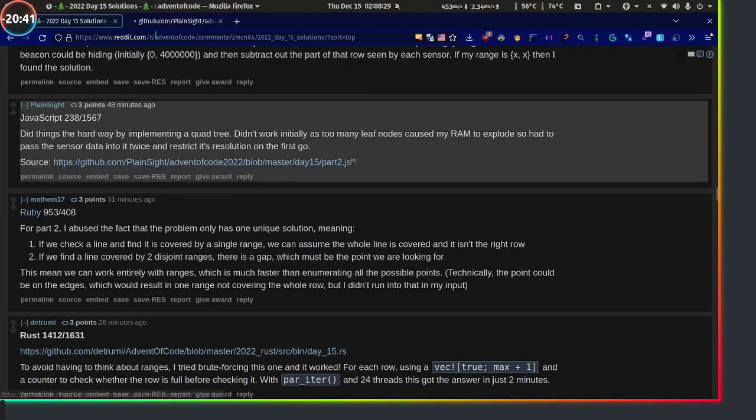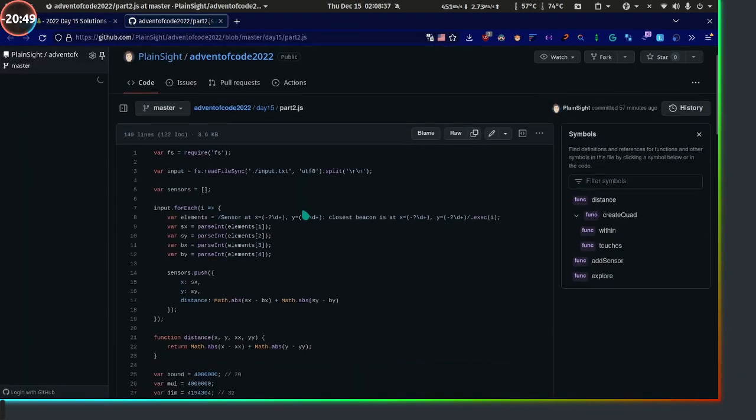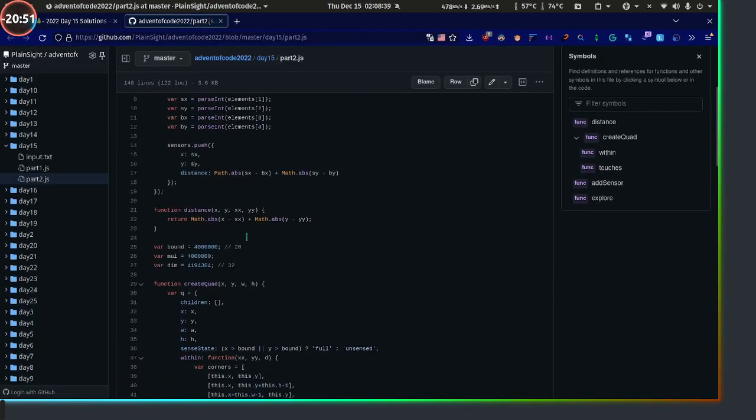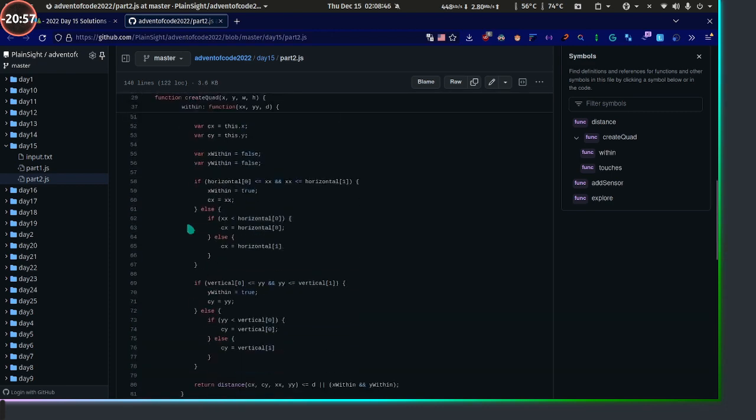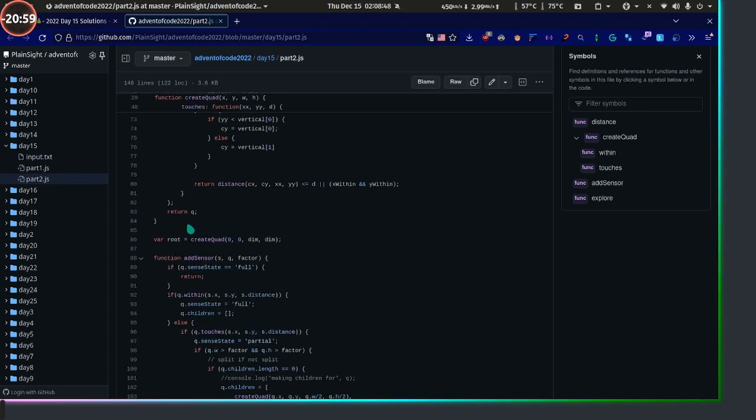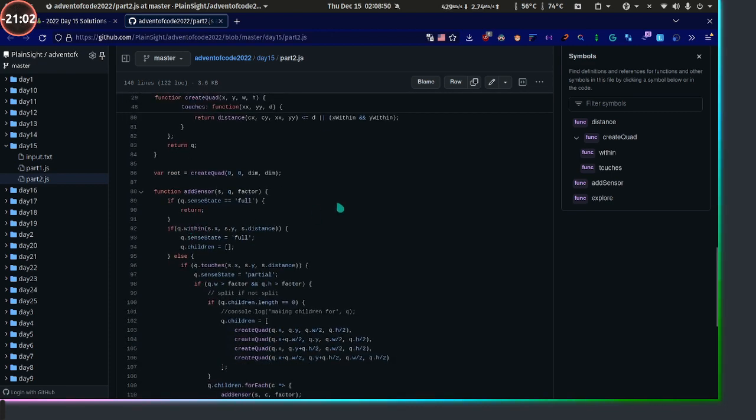A JavaScript. Implementing a freaking quad tree. Yeah. Also for the RAM. The quad tree again? Great, we love our parsing. Create quad. Children XY with height. Sense state. Within touches. Interesting.